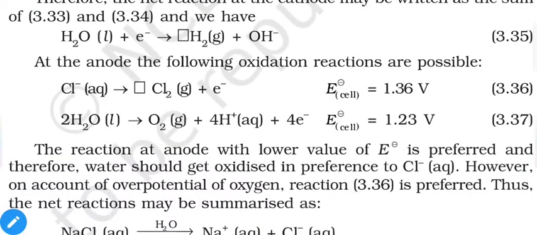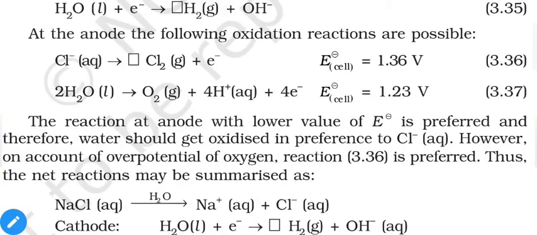Now the second situation, for chlorine Cl- and for OH-, which actually is obtained from H2O. As mentioned here, for Cl- the potential value is 1.36, and for the second reaction, the production of O2, it is 1.23. So the value of Cl is more than oxygen. That means the reduction potential of Cl2 is higher than O2.